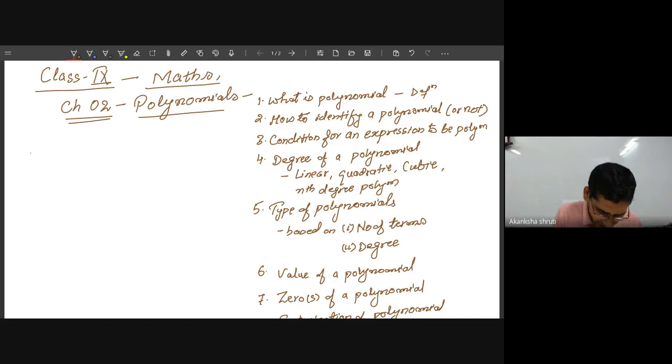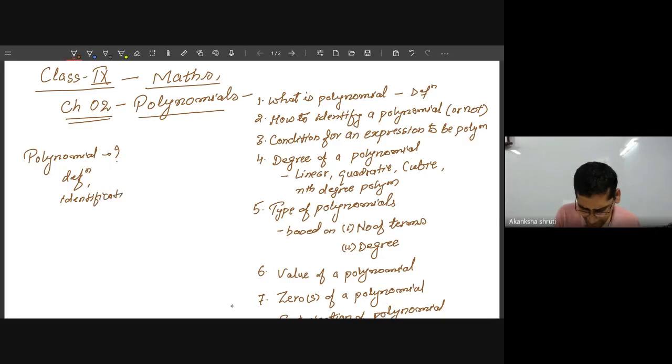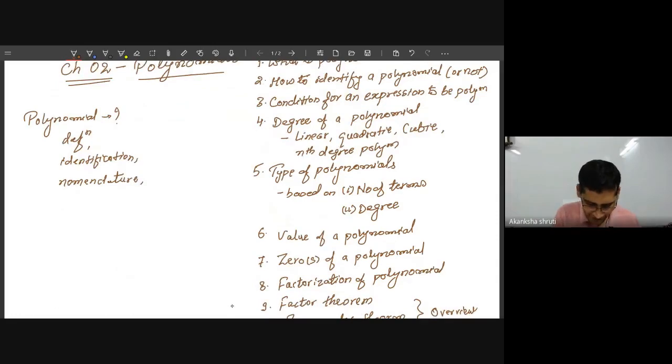We will learn what a polynomial is, its definition, its identification, and how it is named, that is, the type it is basically naming, which is called nomenclature. So these things we have to understand.